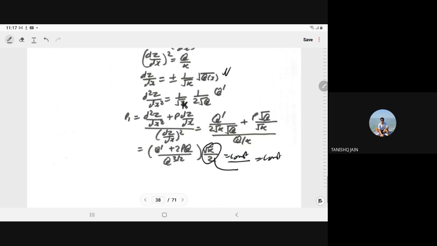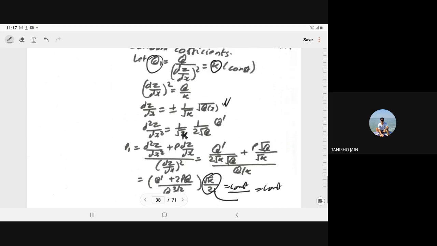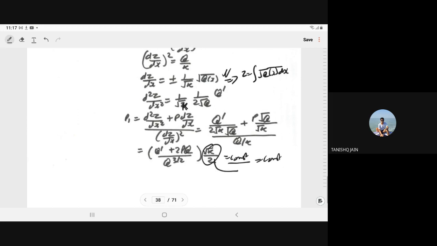So if you have such a substitution, what is the substitution? From here, z is equal to the integral of root of q with respect to dx. After this substitution, if you are getting p1 equal to a constant, then only you can apply this method, otherwise you cannot apply.